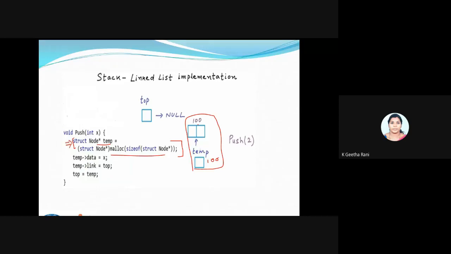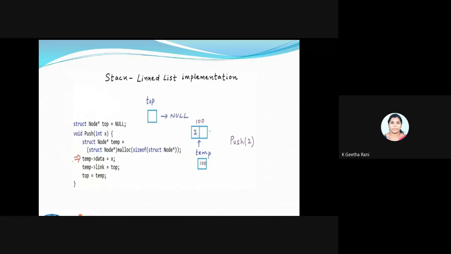Yes, then I'm trying to put the data. I'm going to perform push of 2. So here 2 is my data. I'm trying to push the data here. So how to push it? This is what I'll be doing. You can see my next line. My next line is temp.